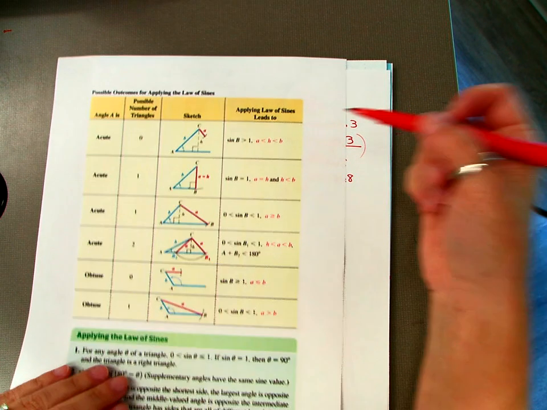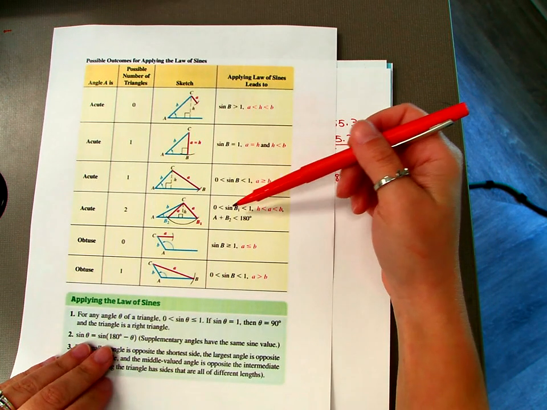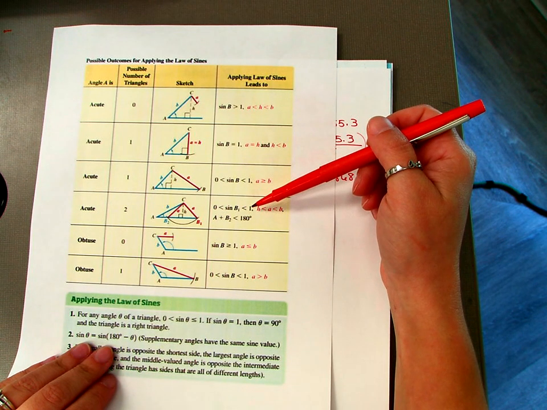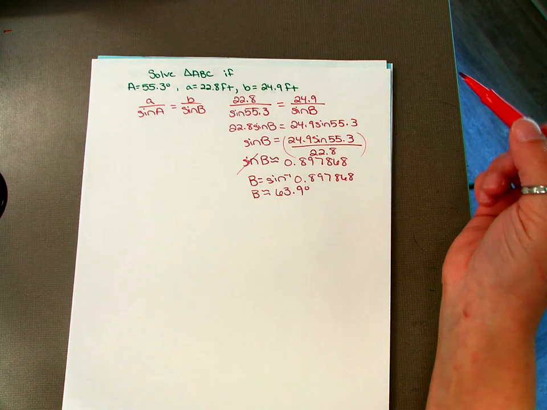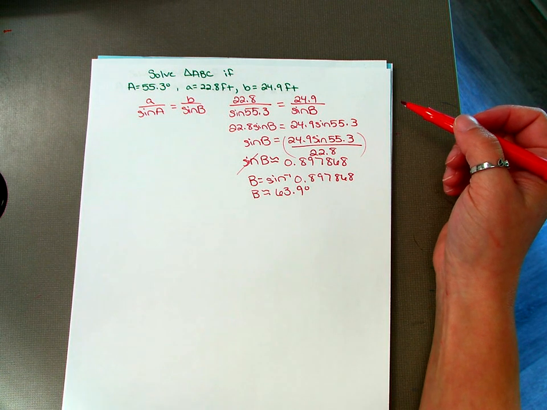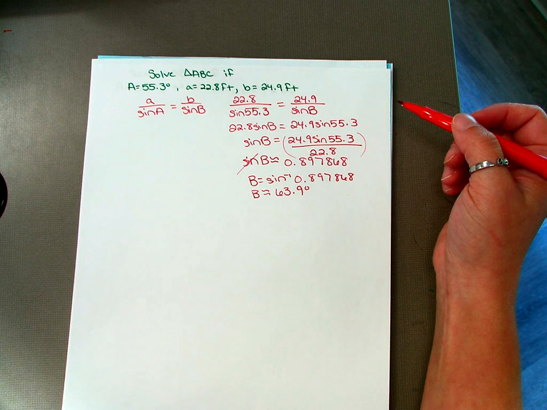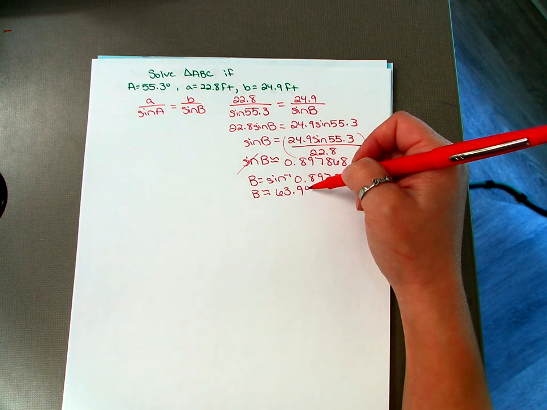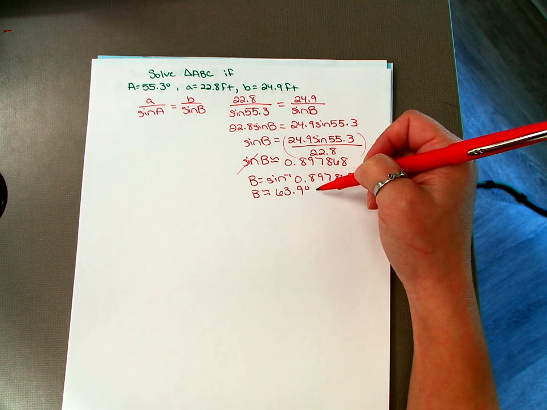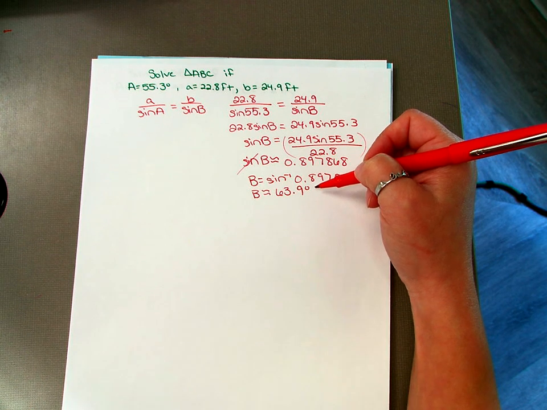And we just found that sine of B lies between 0 and 1. We're not going to find all the rest of that stuff because it's not necessary. But what this tells us is that sine is positive in quadrants 1 and 2. We found that this was 63.9. That lies in quadrant 1. So that means there's actually another one in quadrant 2. And the way that we find it is we take 180 minus this, and that's going to tell us our other angle.